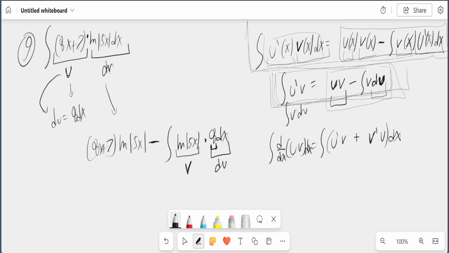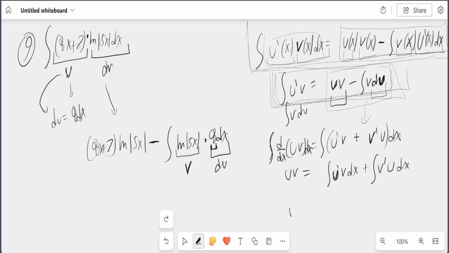I'll take the integral of both sides, and this becomes uv is equal to u prime of v dx plus v prime of u dx. And then we can pick whichever one we want to subtract. But for the sake of matching it with the expression I made, I'll subtract this one, so I'll put that onto that side, and that becomes u prime of v dx.